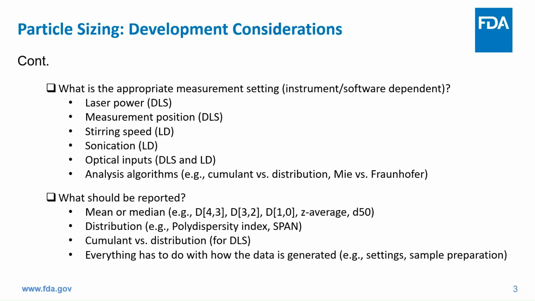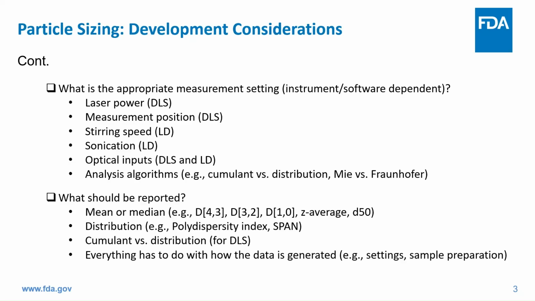So what exactly is that number the applicant provides to you? If they just gave you a number without telling you whether it is a mean, a median, or what type of mean, it's meaningless, because that number can mean anything, right?